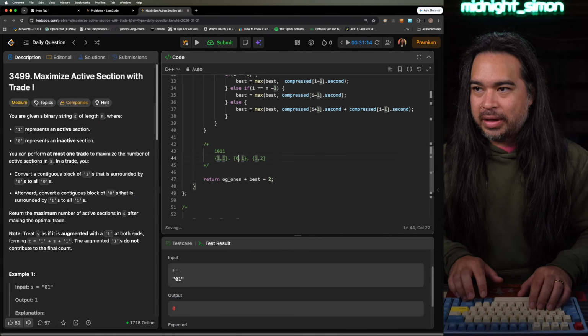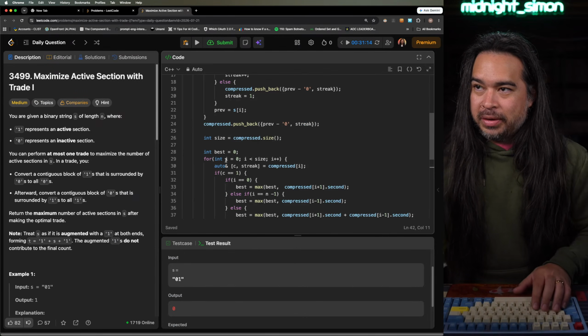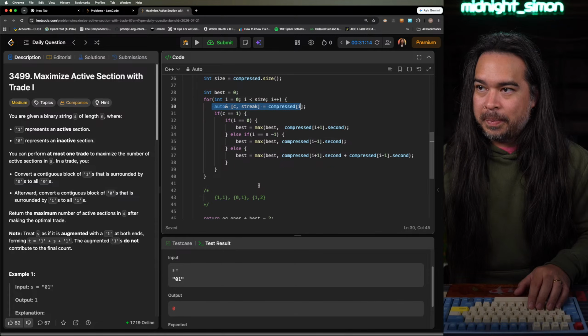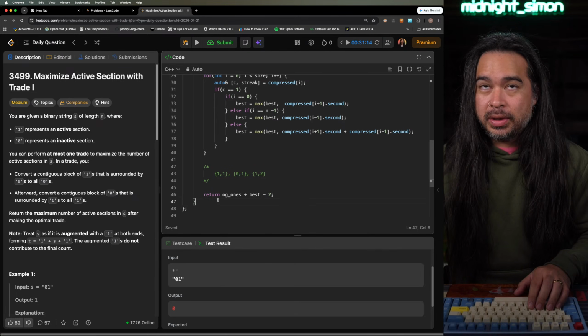That's what it looks like compressed. So if I were to go with my little weird algorithm, then if it's, so this is a 1, and I'm gonna say the best is 1. It's 1 plus 1. That's 2.